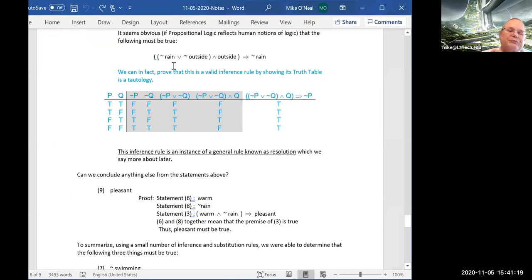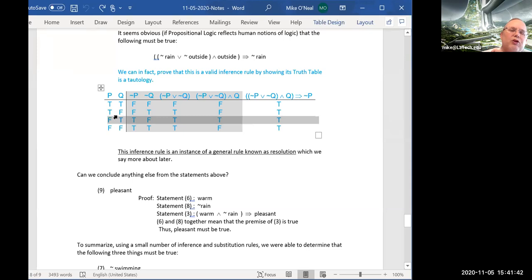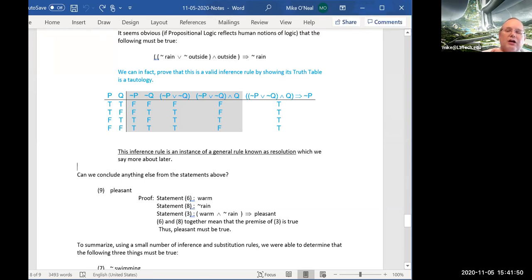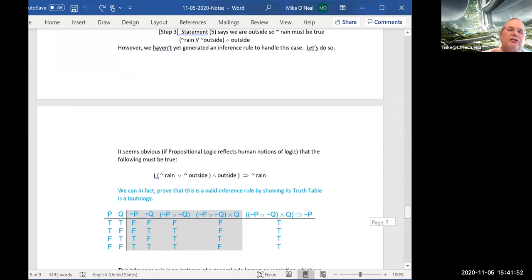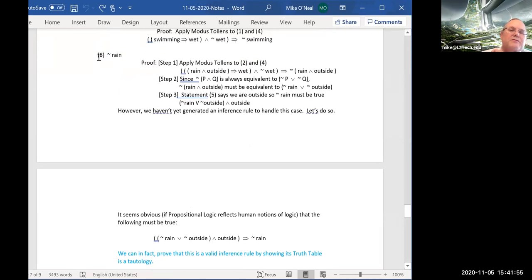And so this lets us say that not P or not Q, that's true, and Q being true. So I guess we're looking at what, line 3 here, right? That tells us that the premise must be false. So that works. So that gave us that it's not raining. Okay.